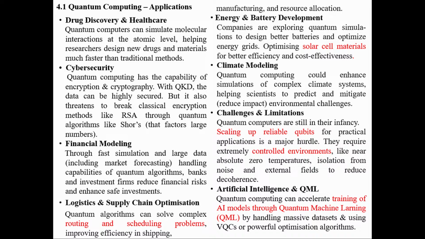Or if you want a particular drug with some characteristics, you can design it in that way, for which those characteristics will come. This is possible only with quantum computing, because it can know the interactions at the atomic level. Which is very great actually.